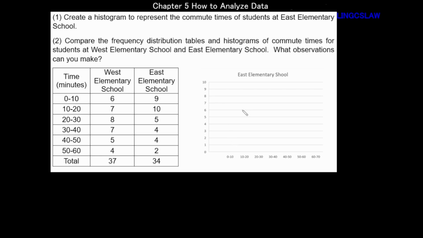Okay, number 1. East Elementary School, slot 0 to 10, there are 9 students, so 9. And 10 to 20, 10 students, so like this.